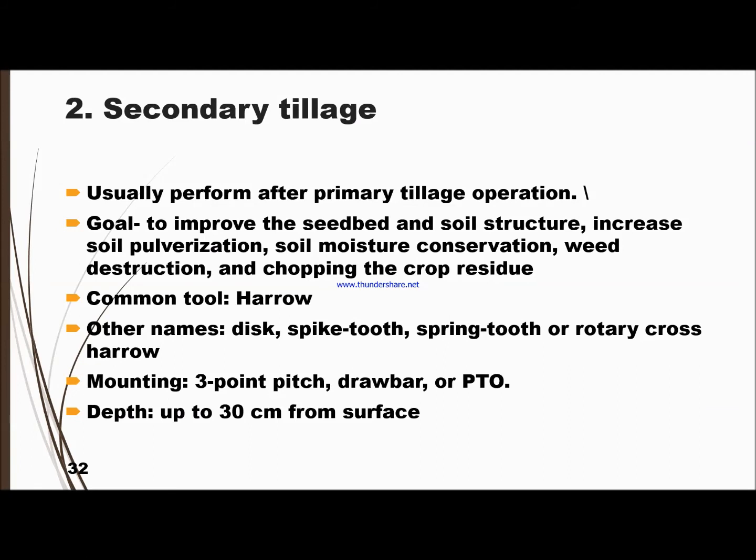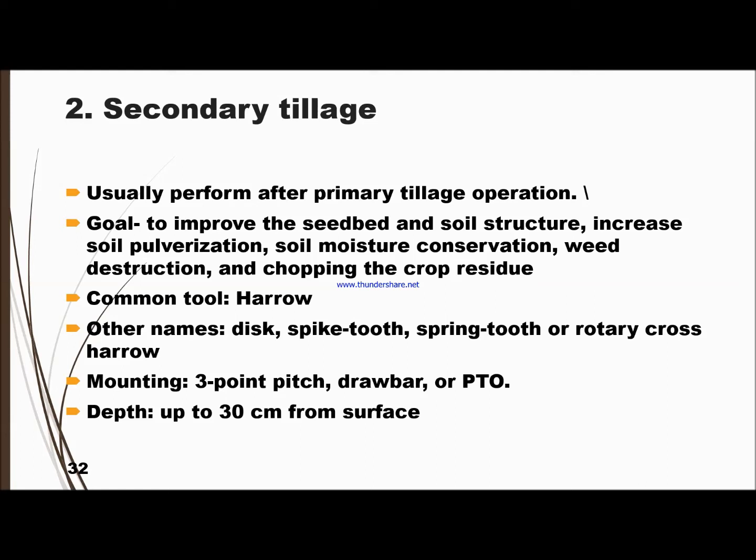On secondary tillage: after we have done all the tillage operations of the first tillage, normally the soil becomes loosened up a bit. So the goal is to improve the seed bed and the soil structure after the primary tillage.